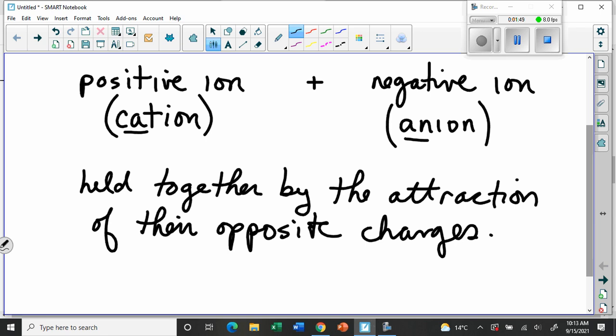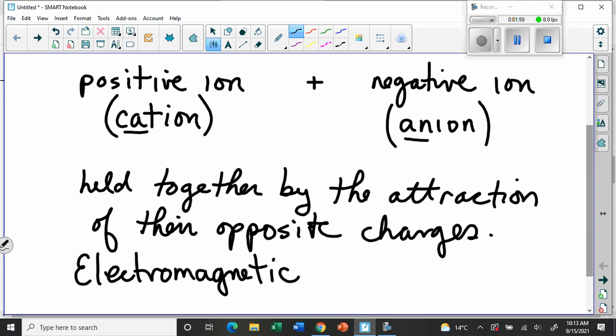And of course, that is called the electromagnetic force. Now, you don't know much about that yet because you haven't taken your grade 11 and 12 physics. But basically, there are four major forces that control everything that happens in the universe, and the electromagnetic force is one of them.